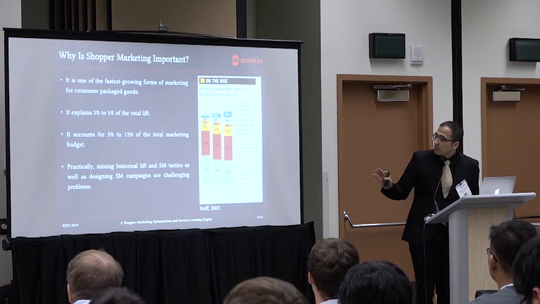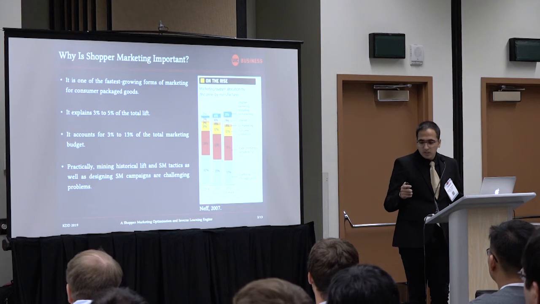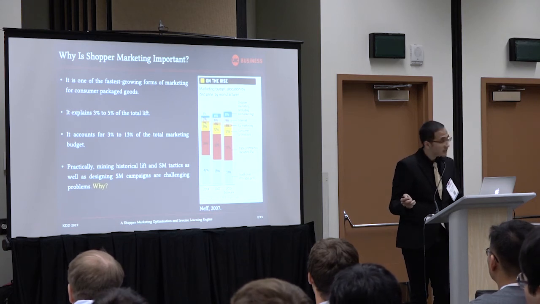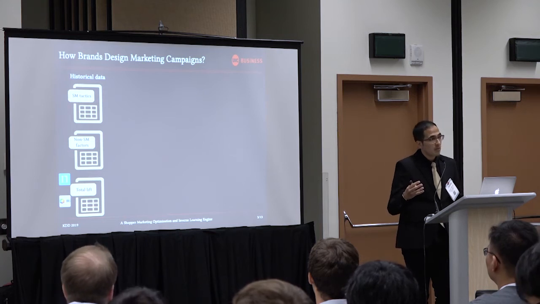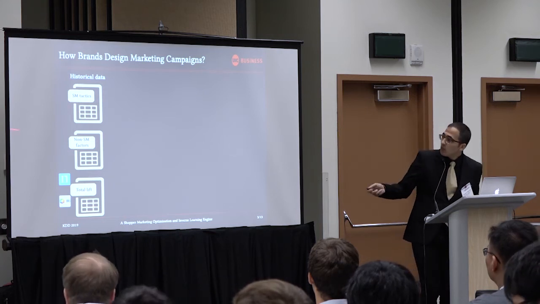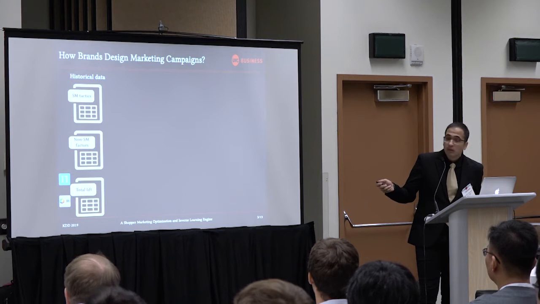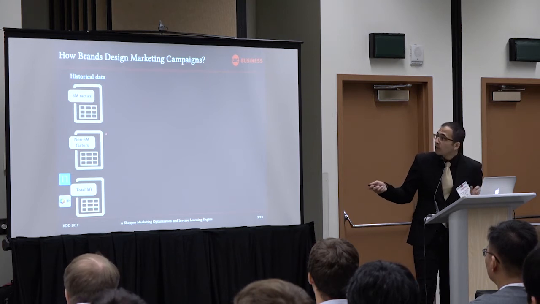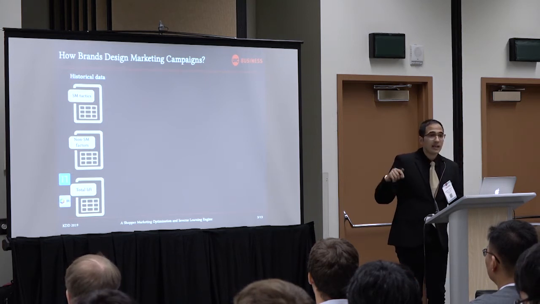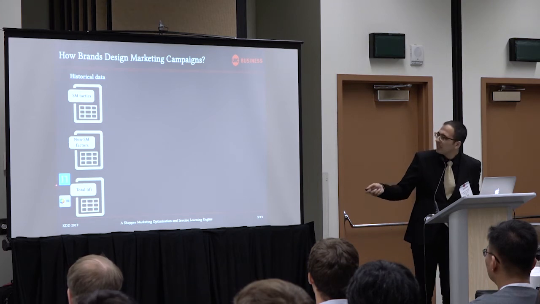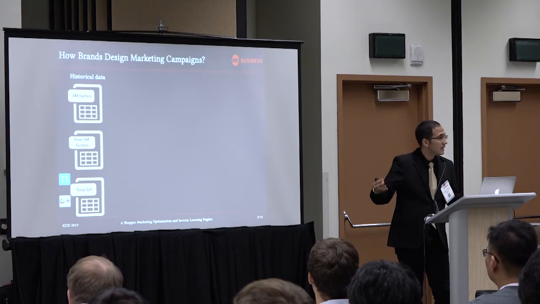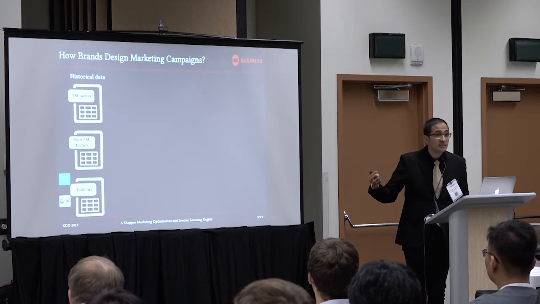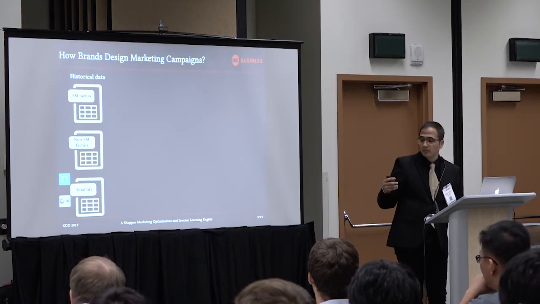Let me answer why this problem is challenging. To do that, we need to first look at how brands design marketing campaigns. Brands receive multiple sources of historical data. For example, they have historical information on shopper marketing tactics. They have non-shopper marketing historical information such as seasonality, competitive effects, and so on.